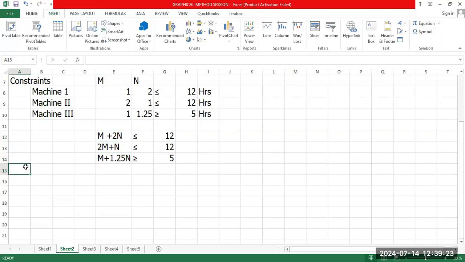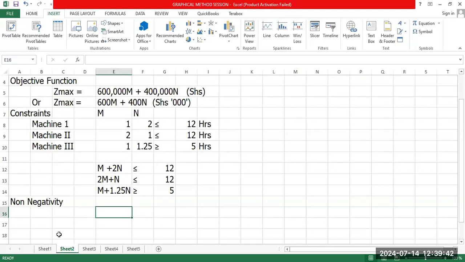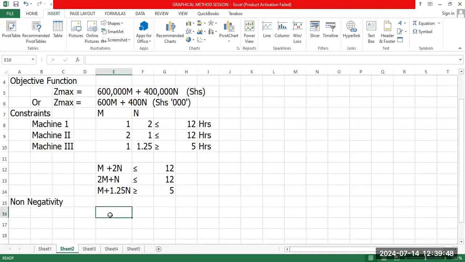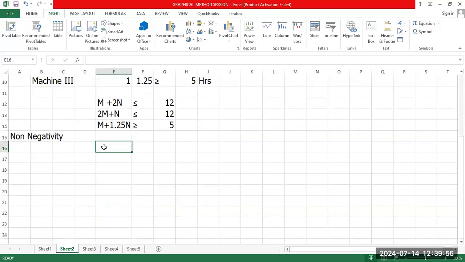The last step is to formulate what? Non-negativity. And for our non-negativity, how many variables are we dealing with? Recall what I said. With non-negativity, we have our decision variables as only m and n. M should be greater or equal to 0.